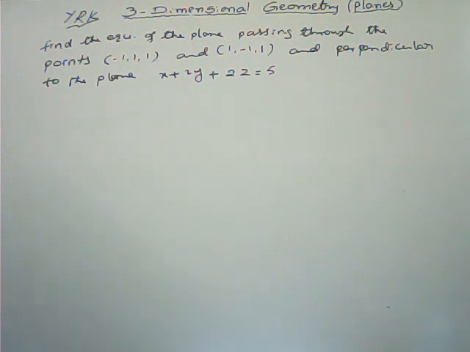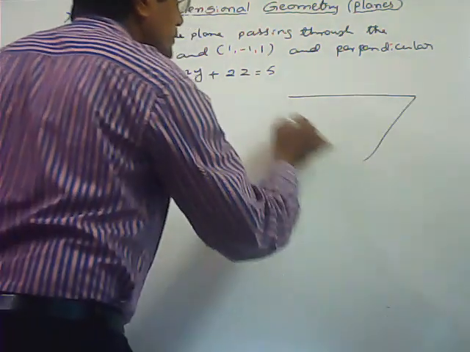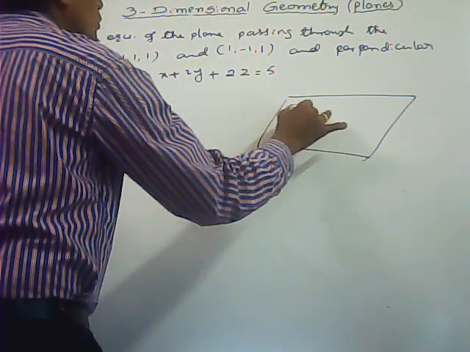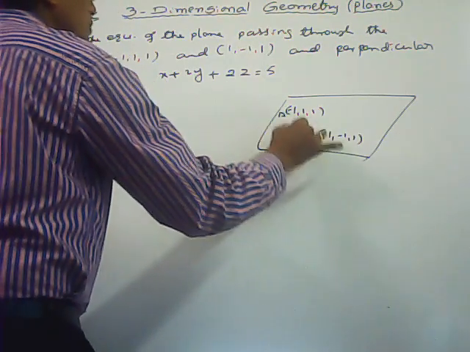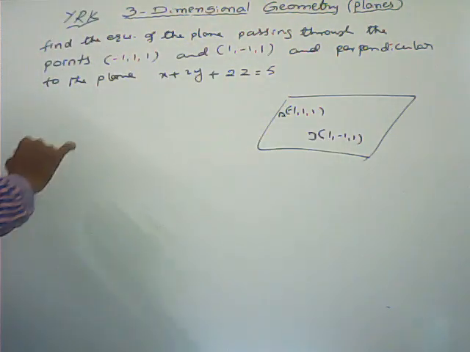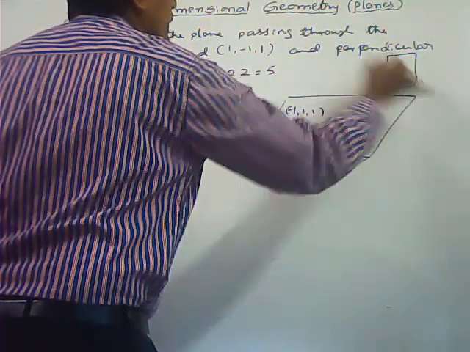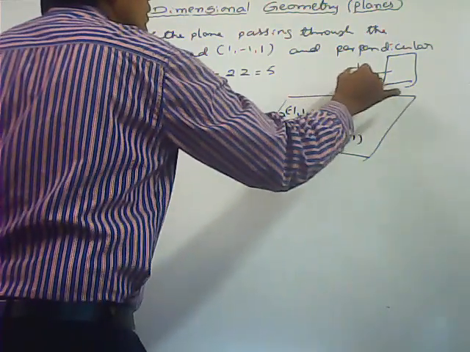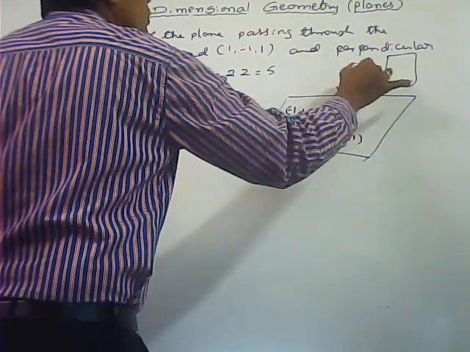Here what they are asking: find the equation of the plane passing through the points. Here 2 points are given: minus 1, 1, 1 and one more, 1, minus 1, 1. Passing through these 2 points and perpendicular to one more plane. So here this is n1 bar, this is n2 bar.